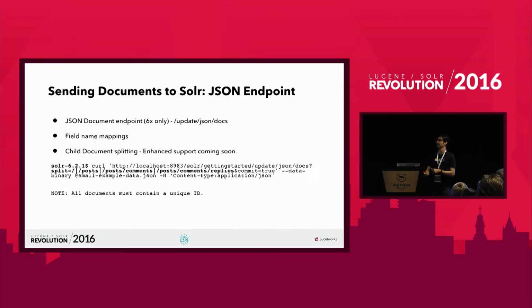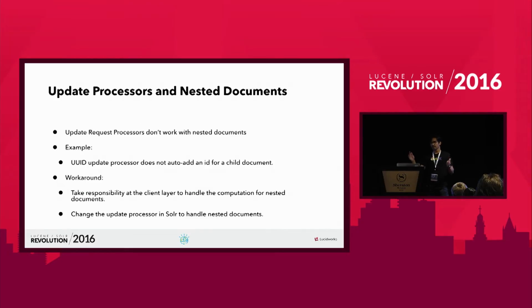One thing to note here, though, is all of your documents need to contain a unique identifier, right? Which is a Solr prerequisite. A lot of you might have tried indexing data, and that works even without an ID right now, because the default update processor that comes with Solr out of the box automatically adds a unique identifier. Well, there's a problem there, which is the update request processors do not handle child documents at this point in time.